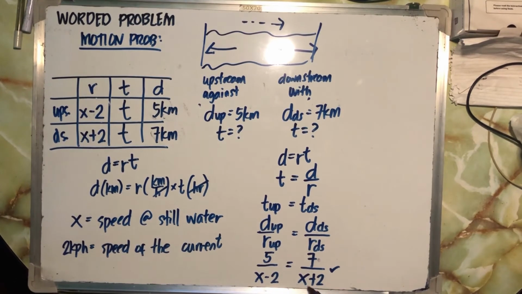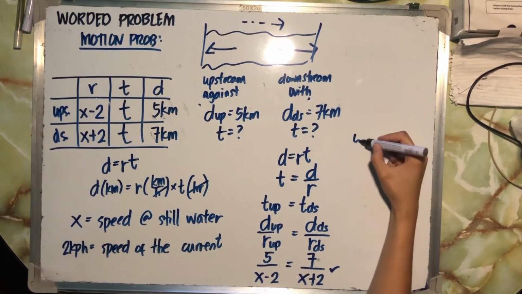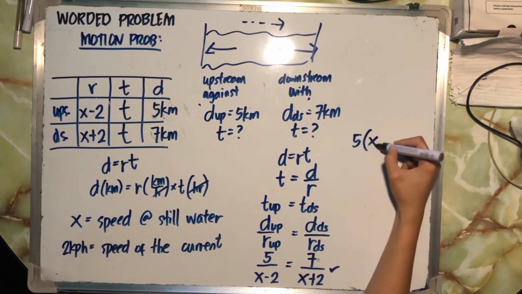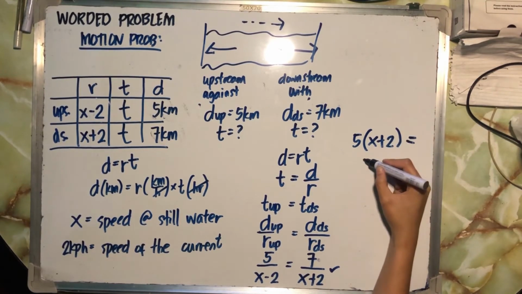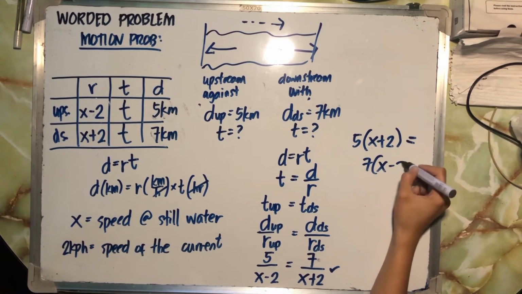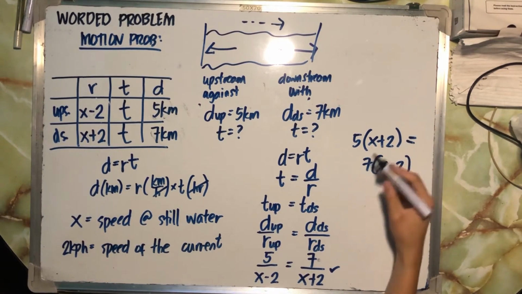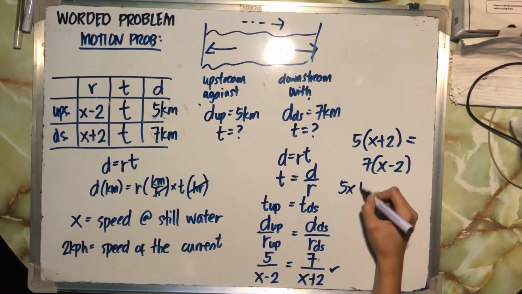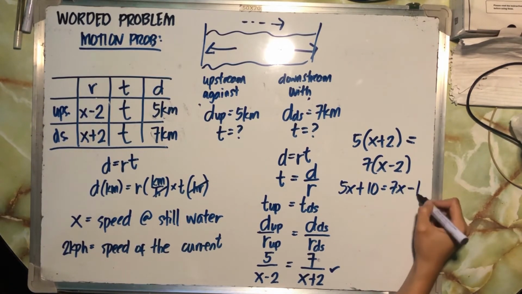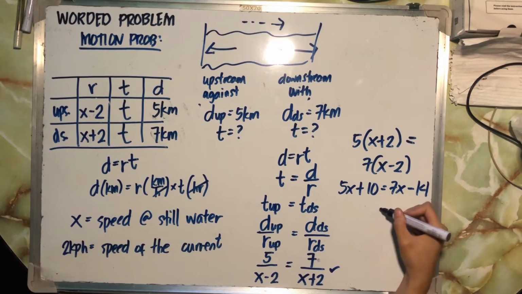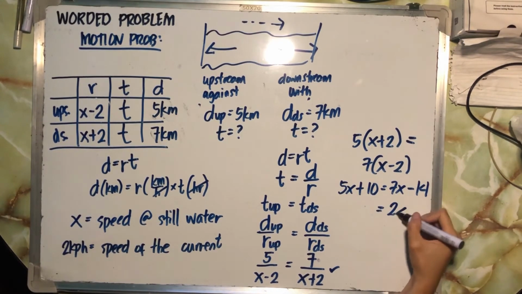Multiplying them now, we cross-multiply. That would give us 5 times (x plus 2) is equal to 7 times (x minus 2). Multiplying, this would be 5x plus 10 equals 7x minus 14. Combining like terms, we have 2x here.